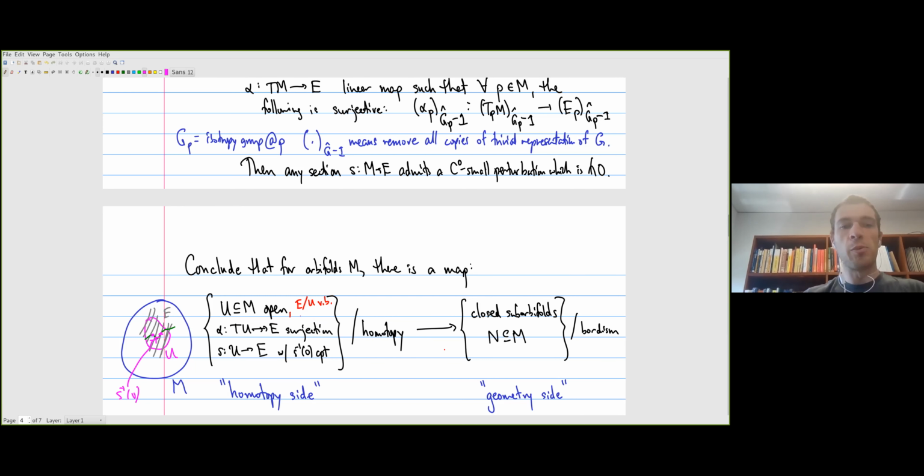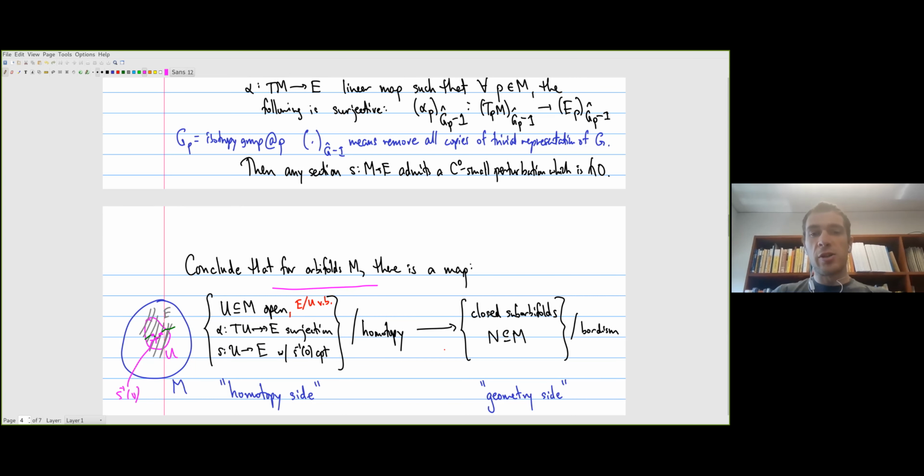These are considered up to homotopy. So this is a somewhat complicated piece of information, but it lives in the world of homotopy theory. You can write down some sort of classifying space such that this set on the left is simply the homotopy classes of maps from M to that classifying space. If you think about it, you can guess how to write down such a classifying space.